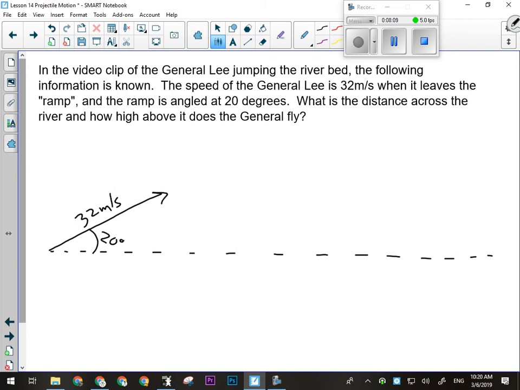The General Lee, as we saw in the video, follows a projectile arc like anything else would until it encounters the ground on the other side of the river. So what we want to calculate is how far horizontally it is going to travel, and what its maximum height above the riverbed is.